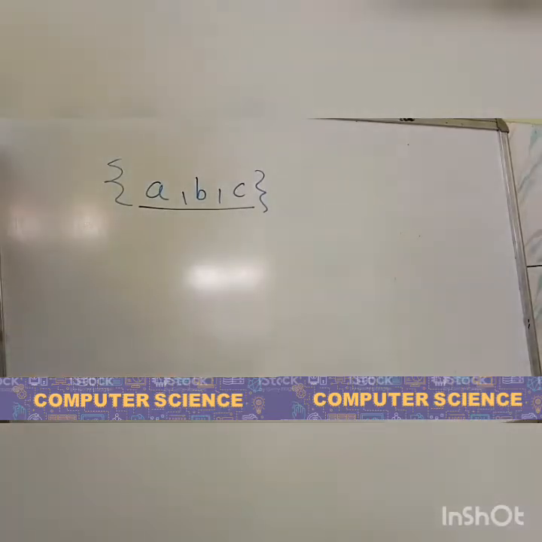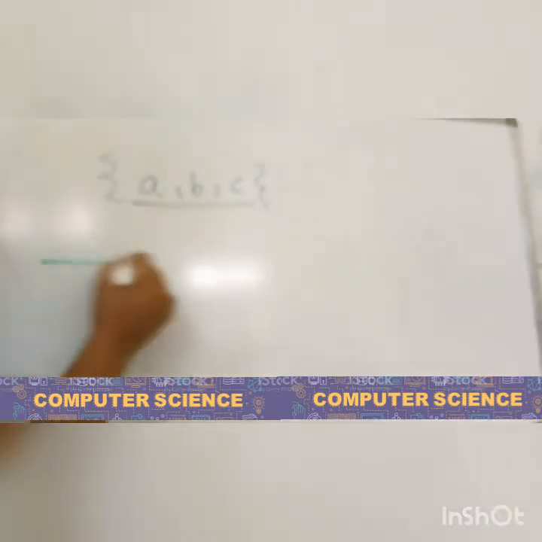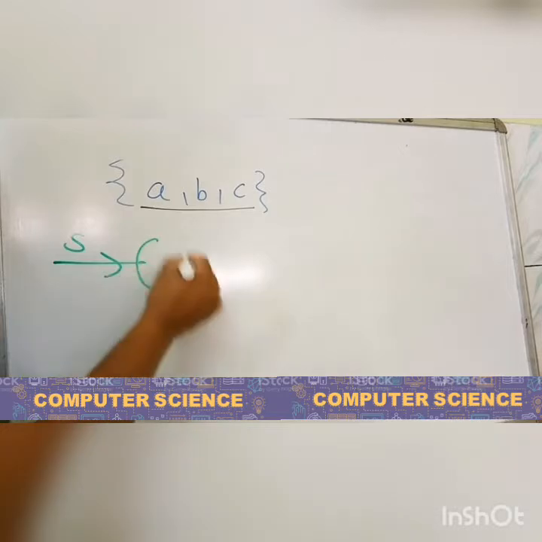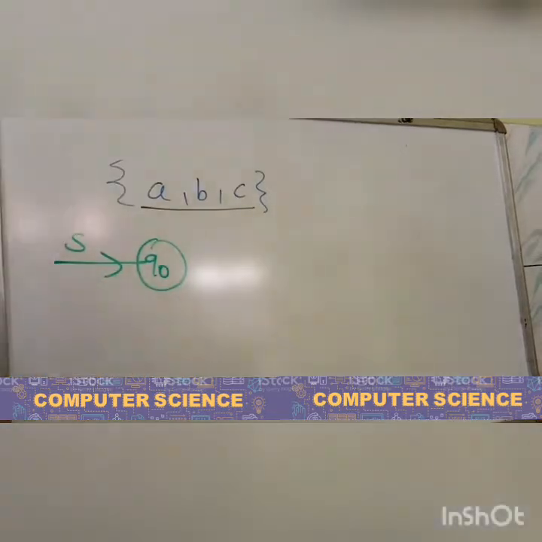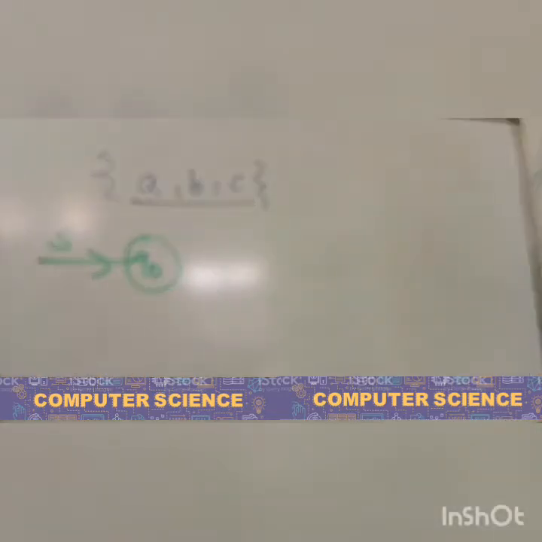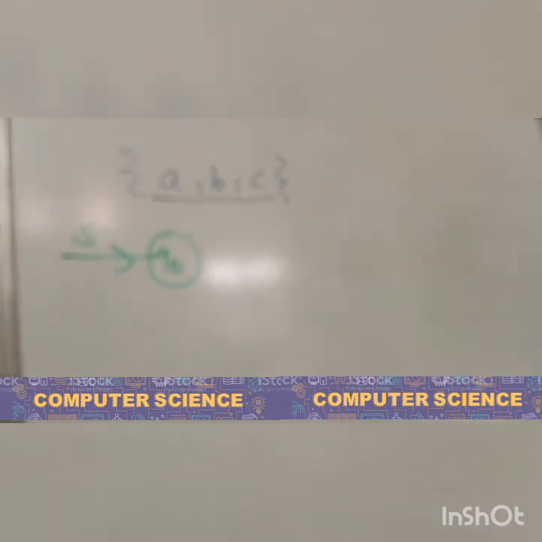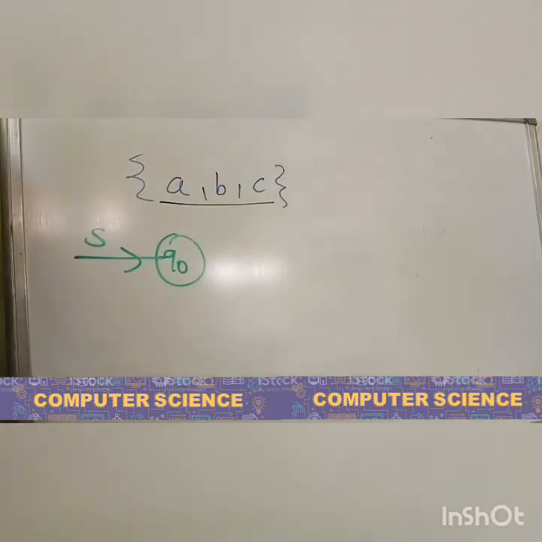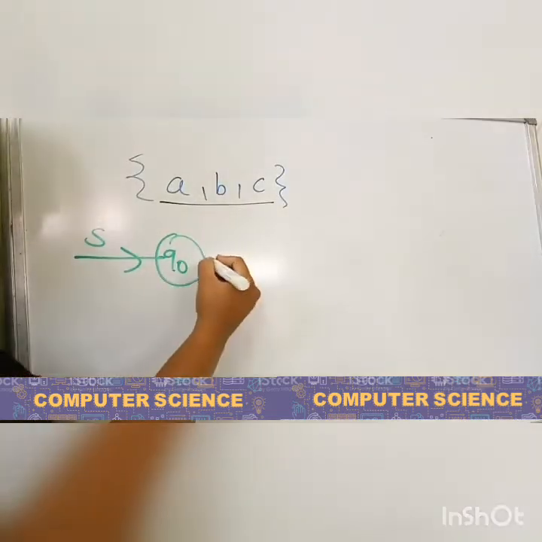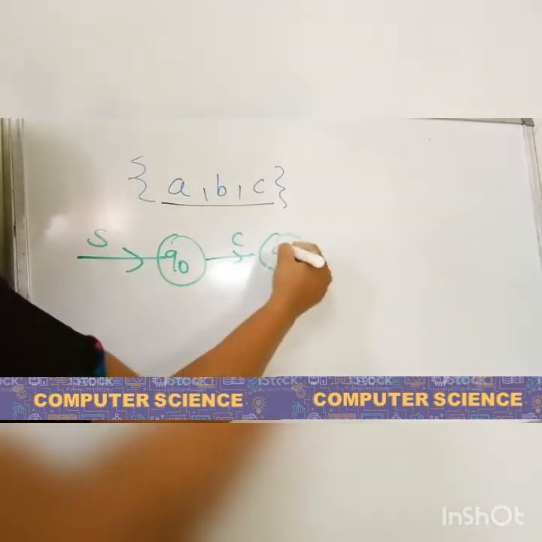First of all, we will start with one state, that is the start state. Then according to the logic, we have to count only 2 times C. So we will design the logic for C the first time.